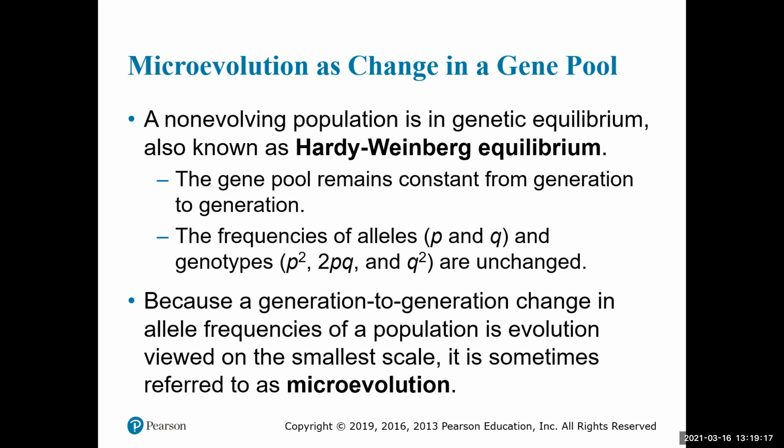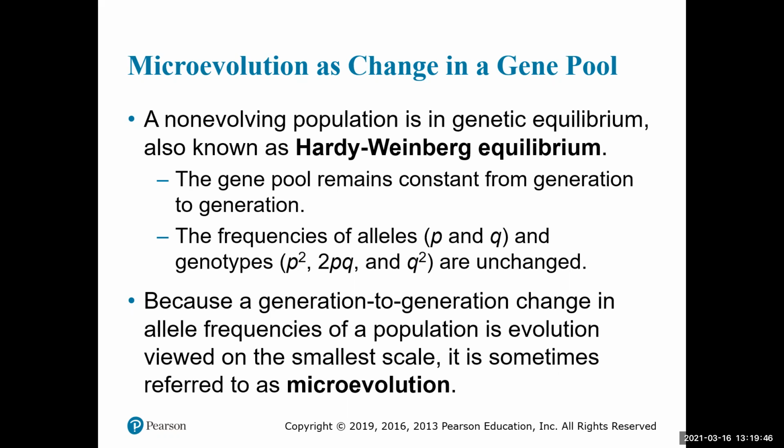Now, because we do have generation to generation change in allele frequencies, that generation to generation change of those allele frequencies is what we refer to as microevolution. Macroevolution is like speciation, so the evolution of new species. Micro is allele frequency change.